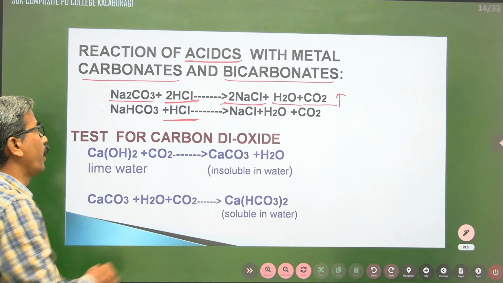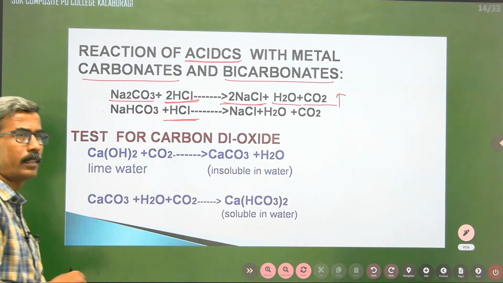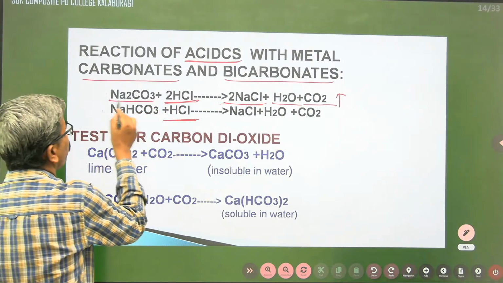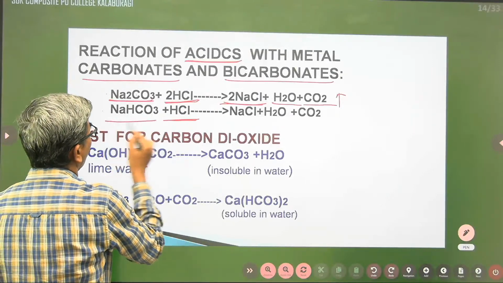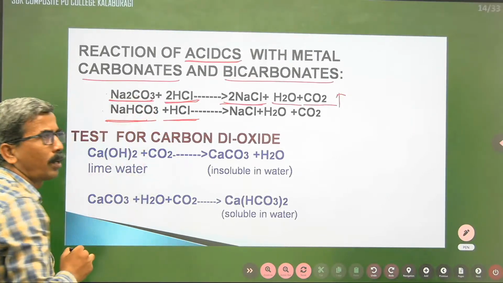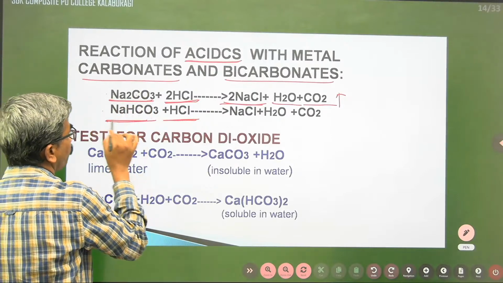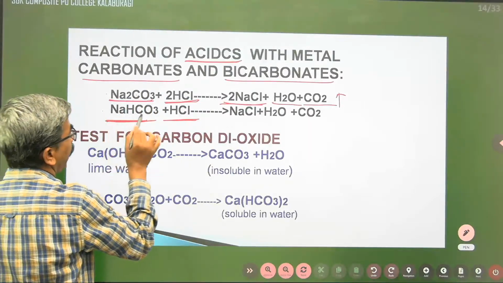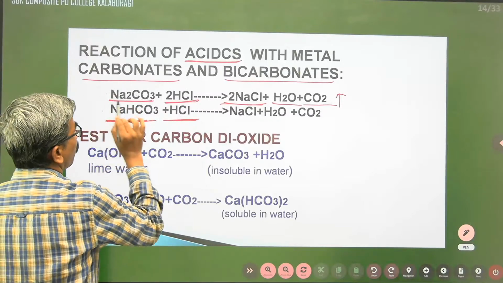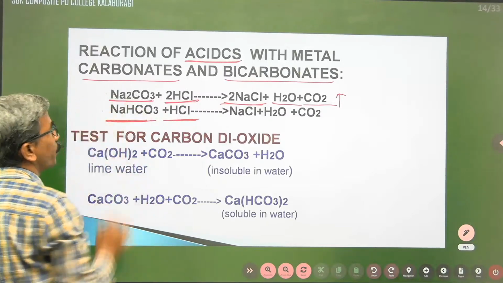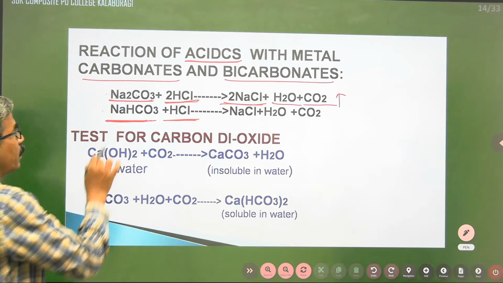Now in a similar way, the same hydrochloric acid. Now this is your sodium carbonate. Next, one more example. There is a difference in these two compounds. This is called sodium carbonate, Na2CO3, whereas the compound below has the formula NaHCO3.